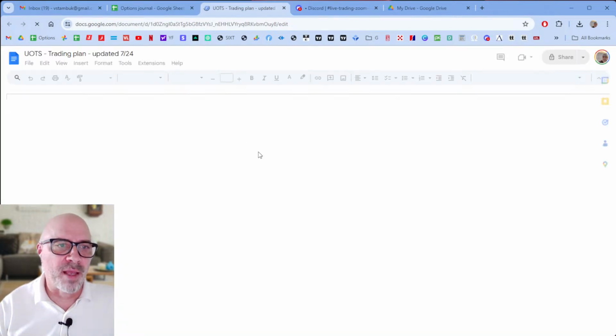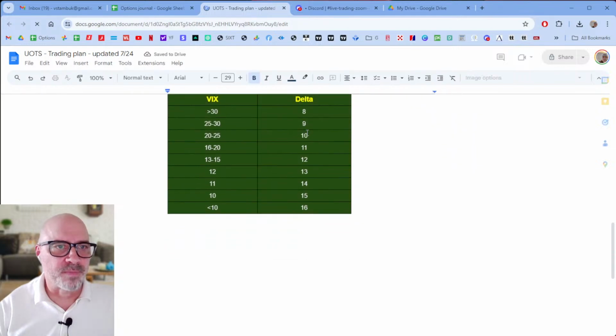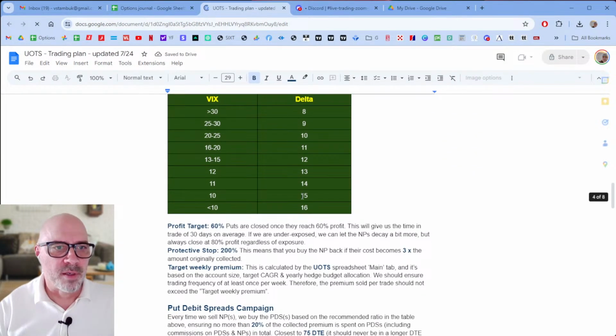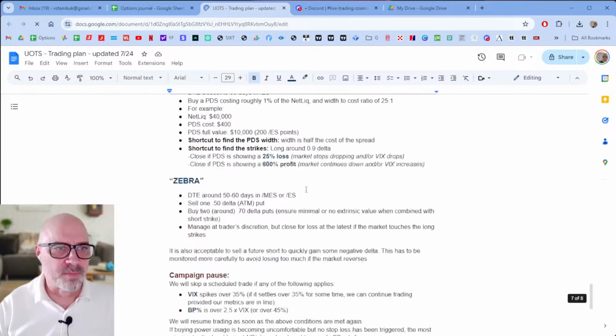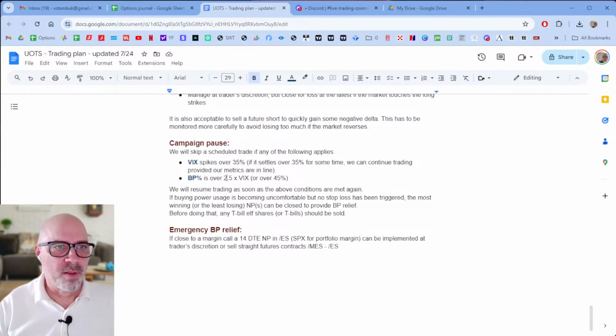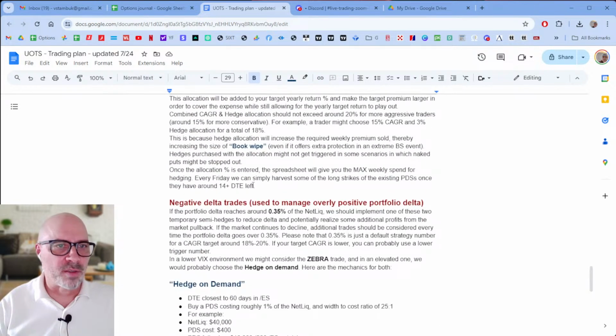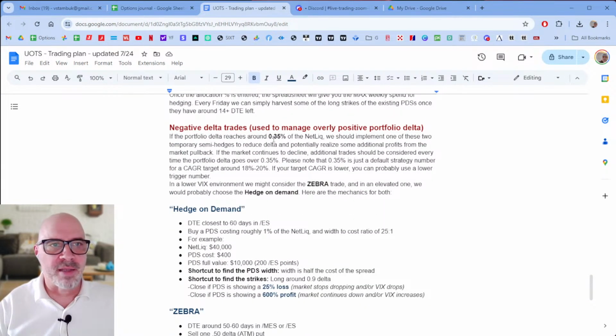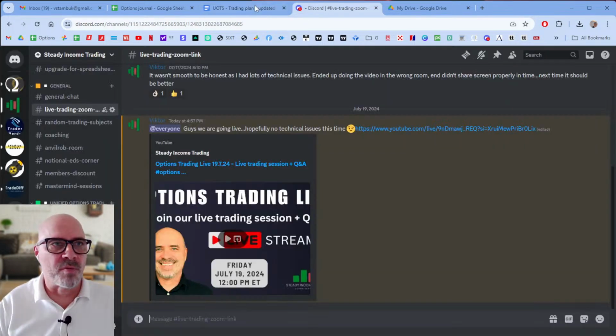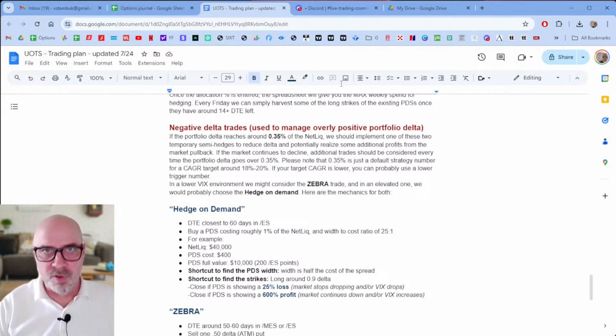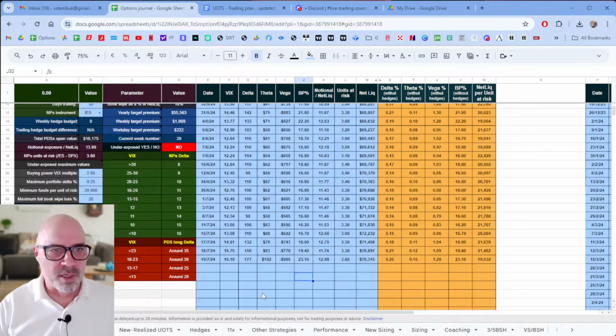But on our trading plan, you will see that if buying power is over 45%, then we would try to manage something, and also somewhere here it's going to show you that if our delta gets to 35 or higher, then we could start managing something. But for right now, we're perfectly fine where we're at, and we're not gonna be closing any trades right now.